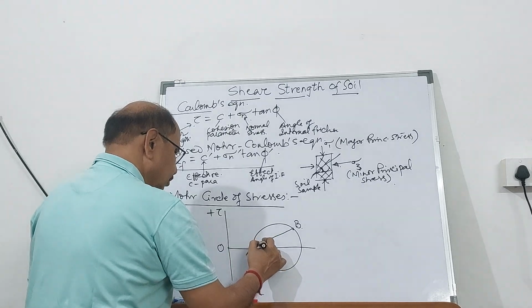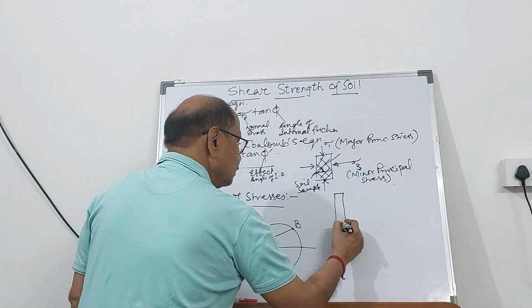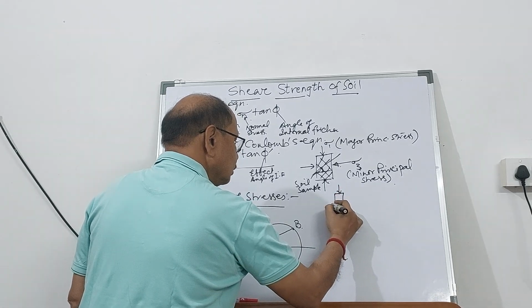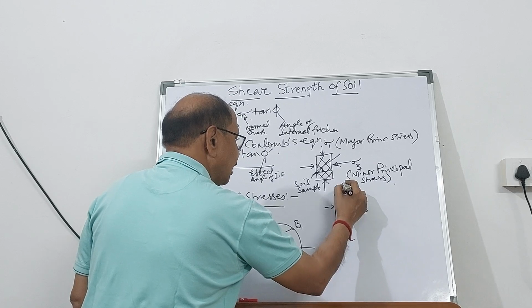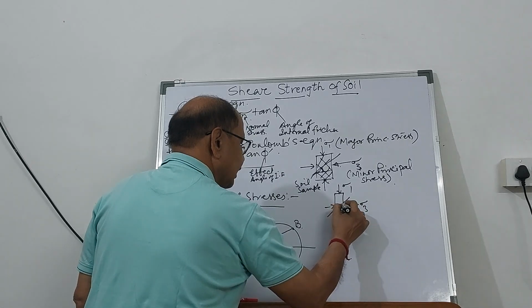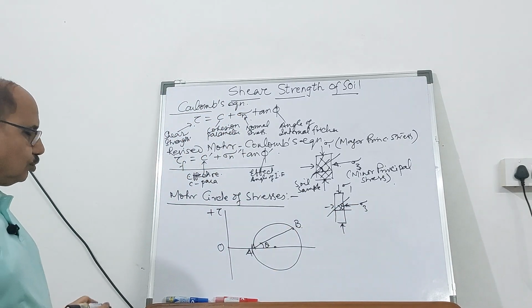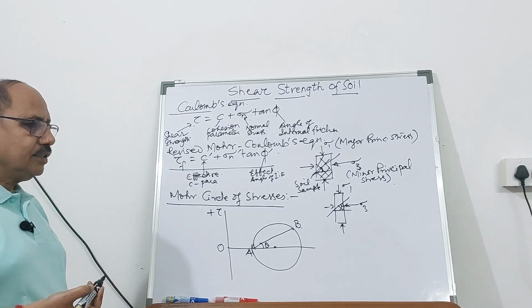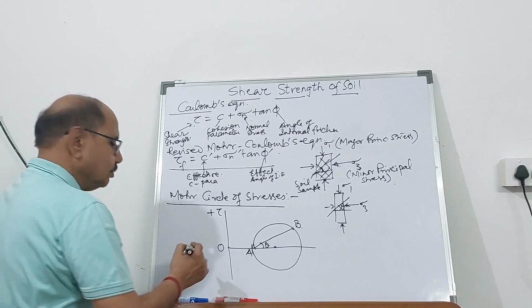Now on this plane, which is inclined at some angle theta, if this sample is subjected to sigma 3 and sigma 1, and I want to find out the values on a plane inclined at angle theta, we can do it by drawing the Mohr circle, and it's quite simple.